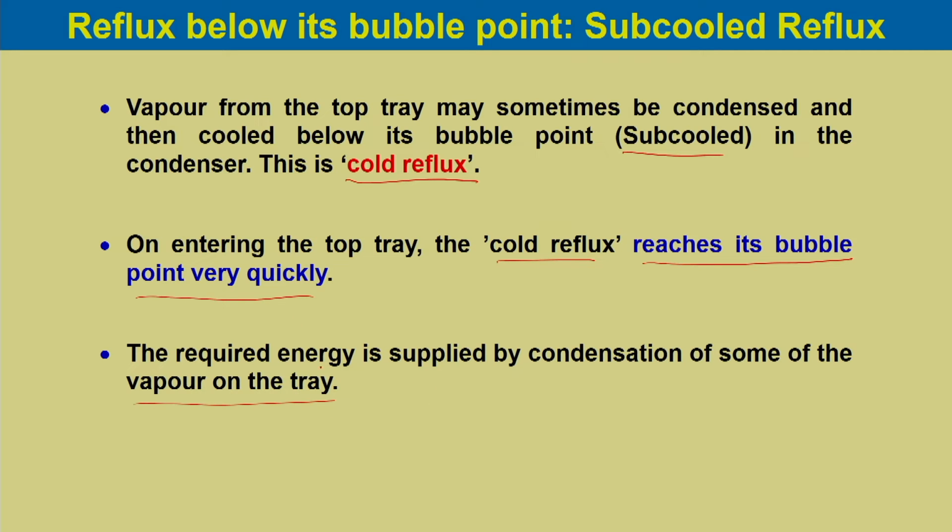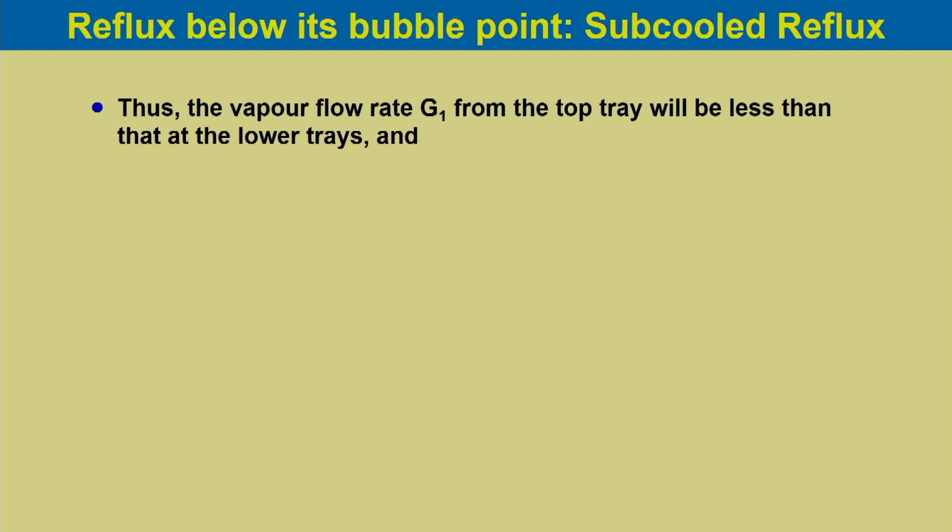So, on that top tray, the energy for this condensation is supplied by the vapor, and as a result the vapor flow G1 from the top tray will be less than G2, that is, the vapor from the tray below or the subsequent trays.